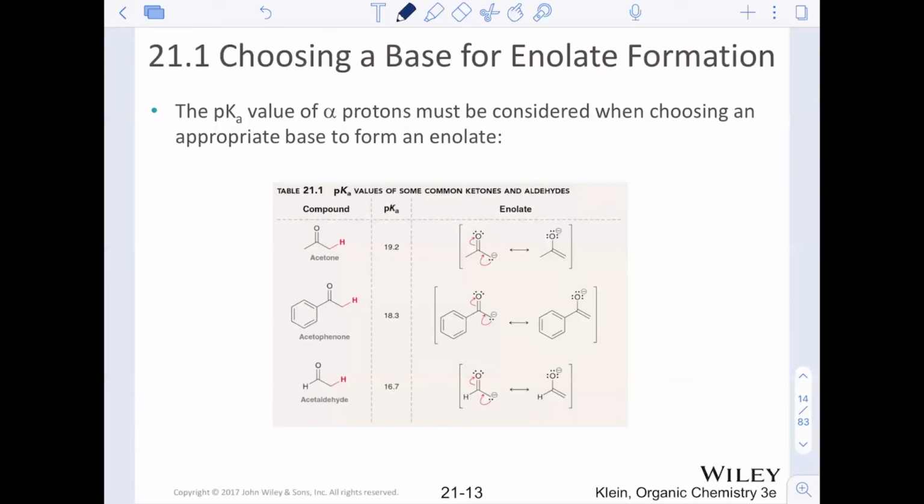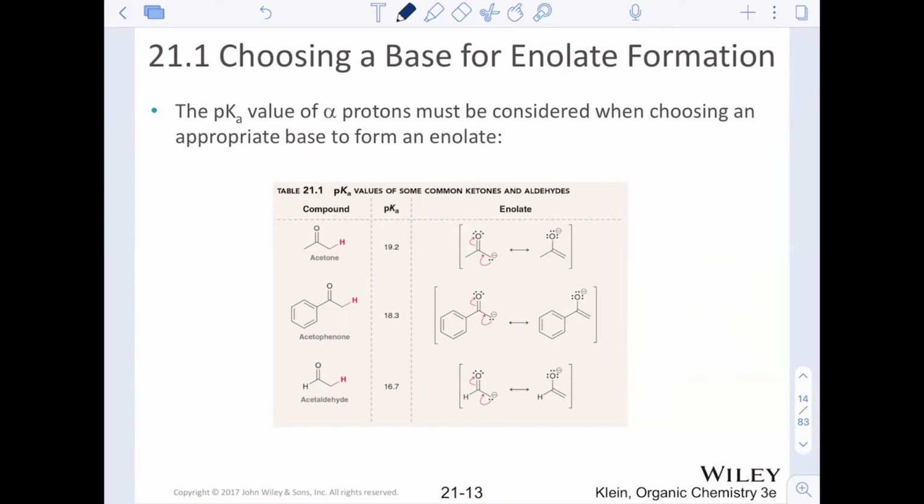Here are some pKa values of some specific ketones and aldehydes: acetone, acetophenone, and acetaldehyde. So you see that it ranges for ketones and aldehydes around 16 to 20, let's say. And so we have to consider this pKa value when we're looking at a proper base to form an enolate, right?